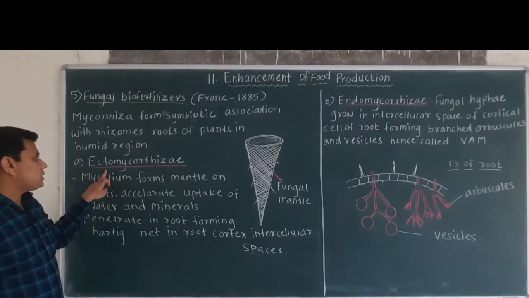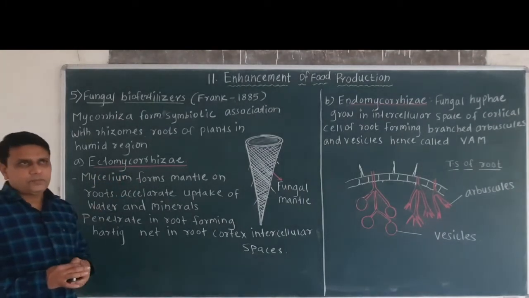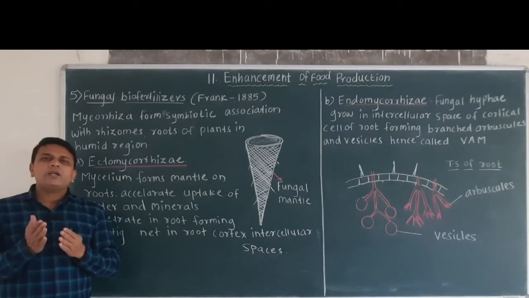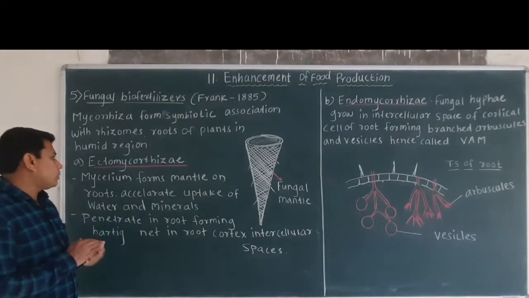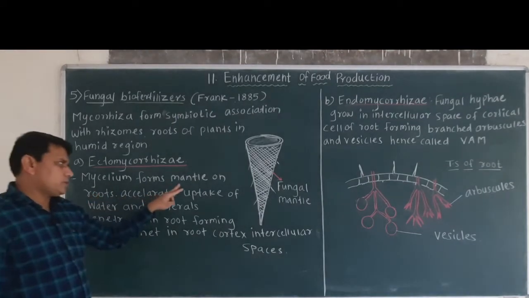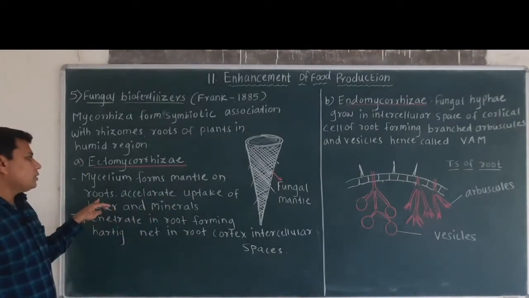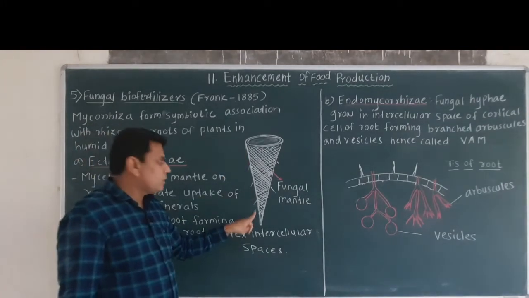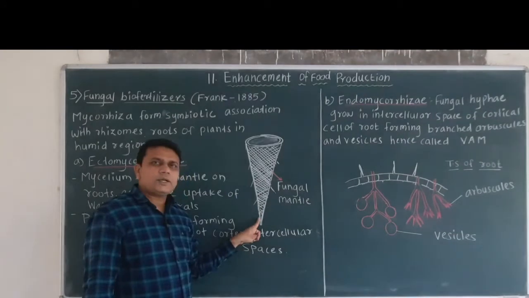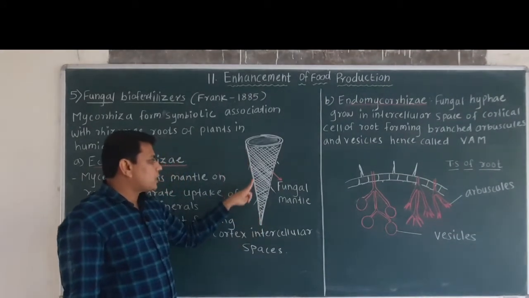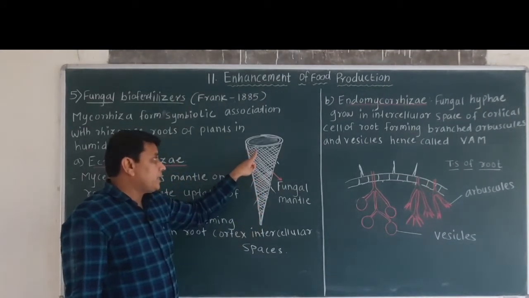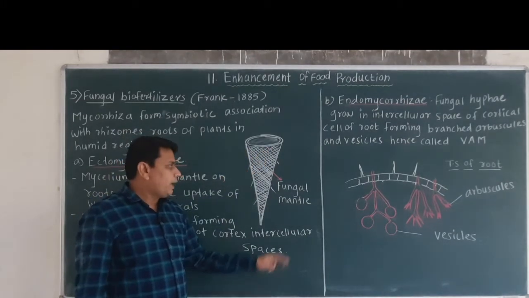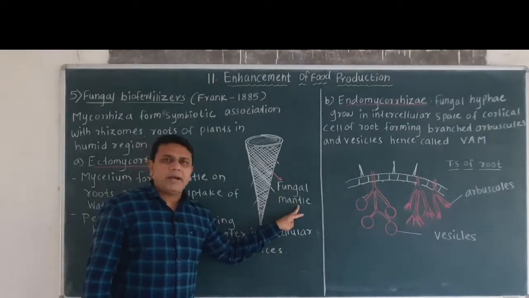The first one is ectomycorrhizae. Now the name itself indicates, ecto means they are present on the surface of the root. Now the mycelium forms a mantle on the roots. Here in this diagram we can see the root, that is taproot, and this taproot is covered by the mycelium of fungi, and it forms a covering, and it is called fungal mantle.